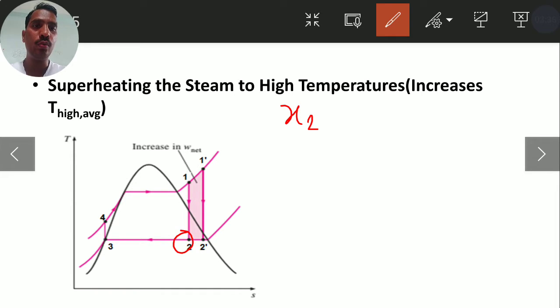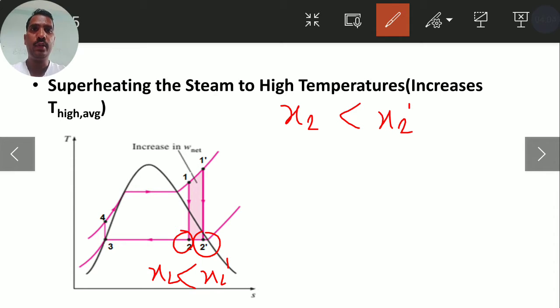Then the second advantage: if you see the dryness fraction at the exit of the turbine. That is X2, the dryness fraction for the reference cycle, and X2 dash is the dryness fraction or the quality of the steam for the modified cycle. Now here X2 dash is greater than X2, that is, the dryness fraction at the exit of the turbine after superheating of the steam is more, meaning the moisture content at the last stages in the turbine is less.